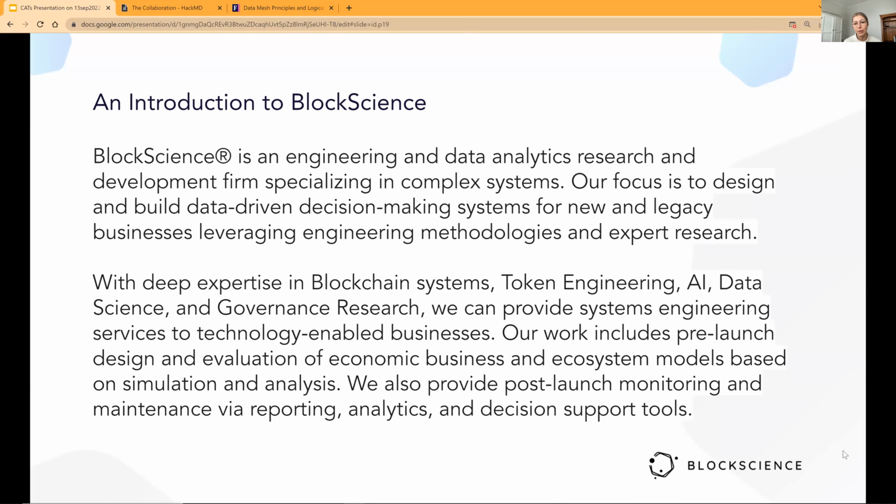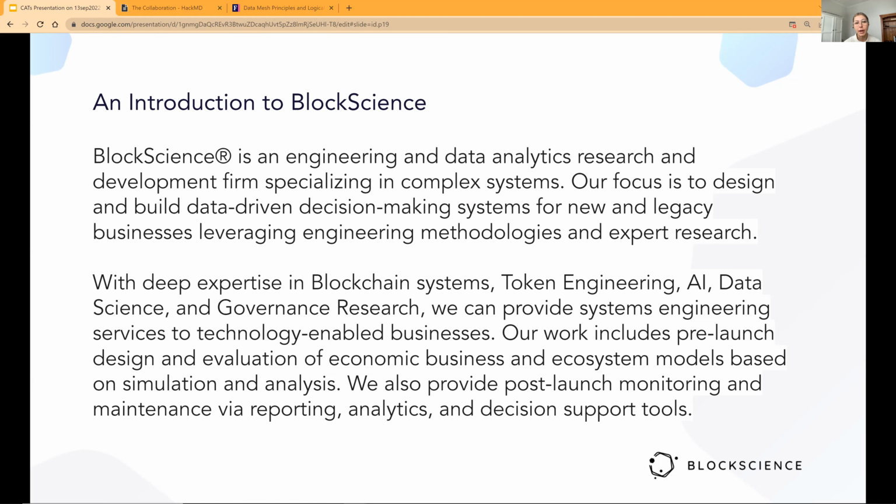So what is BlockScience? One thing that's unique about us is that we're a multidisciplinary research and development firm, and we're specifically interested in complex systems. That's almost at the stage of mapping the system and asking the hard questions and addressing some of the hard problems before the straightforward software engineering front.